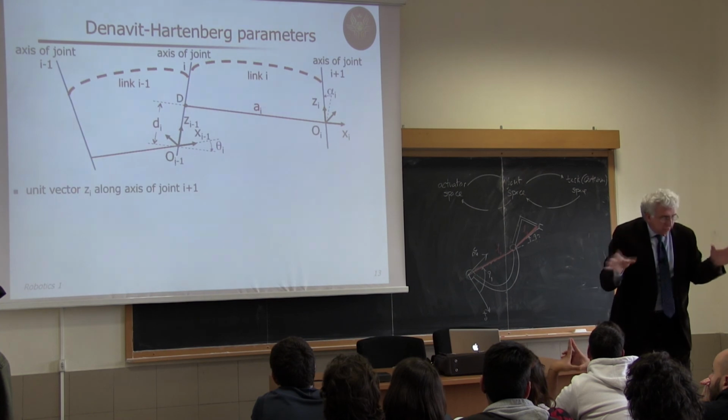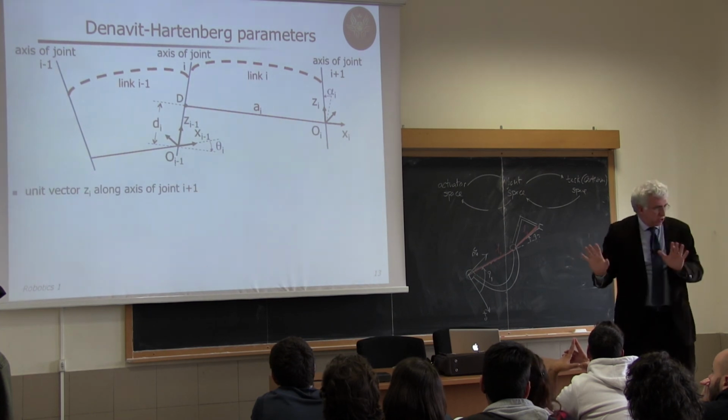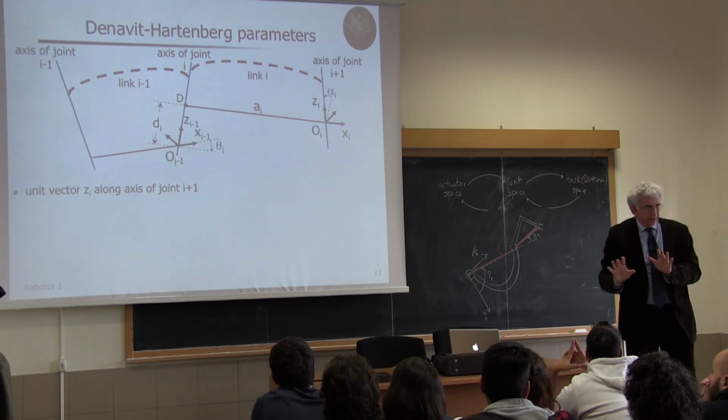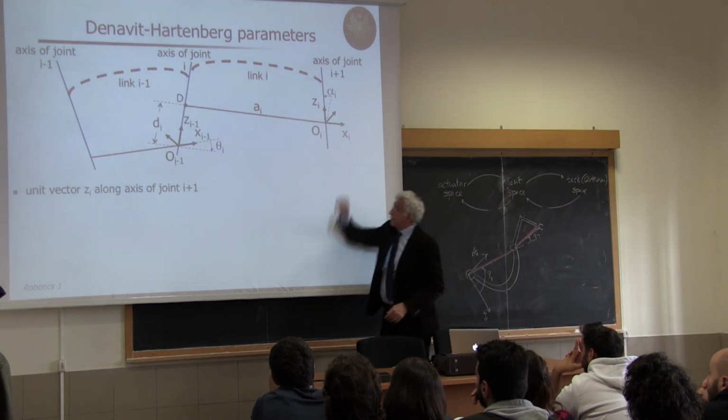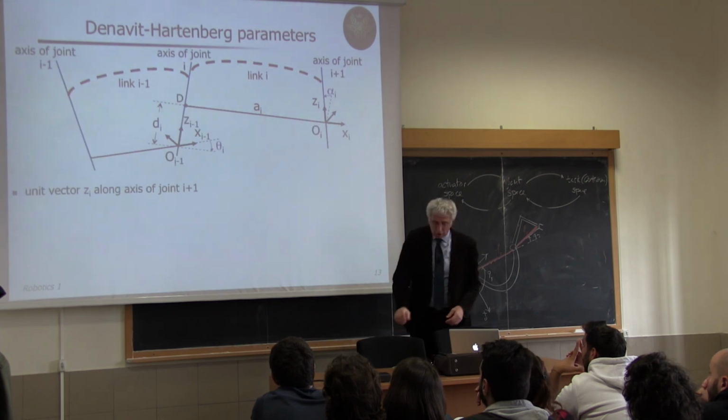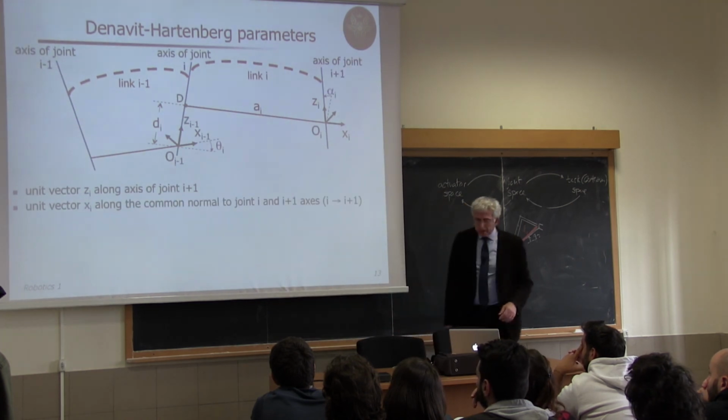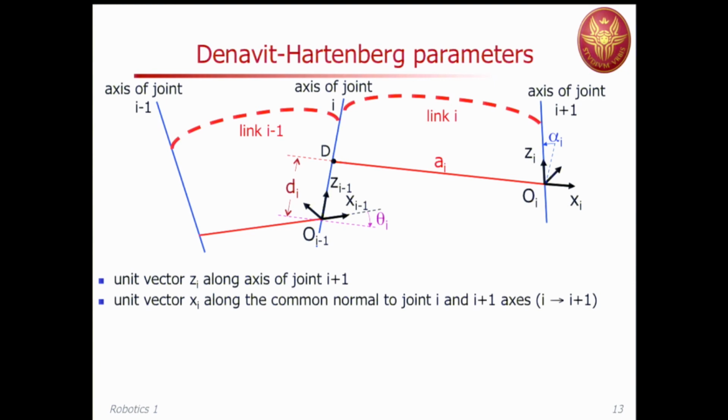But once I have made a choice, then I keep this choice forever, okay? And I define accordingly my parameters. So Zi is along joint I plus 1. Then Xi is along the common normal between joint I and joint I plus 1, so along the link axis of link I. And if there are more common normals, I choose one of these.